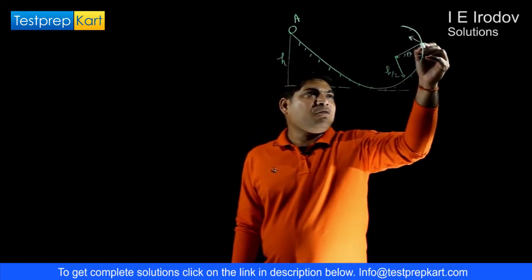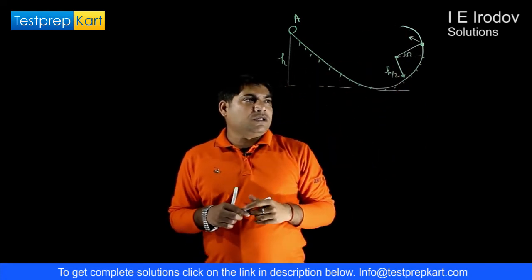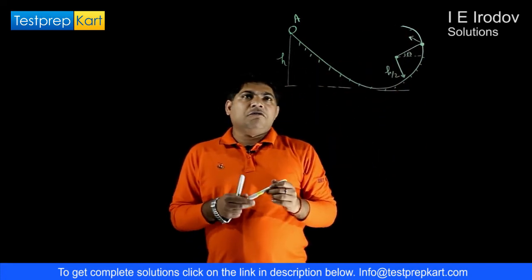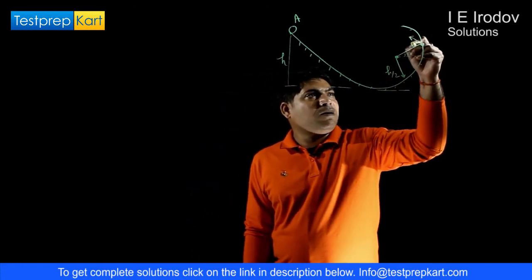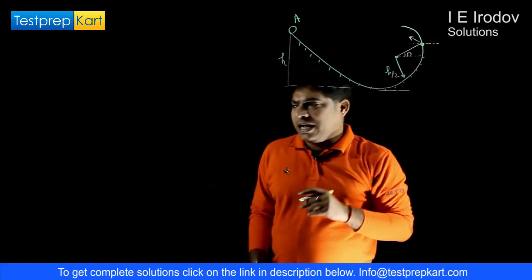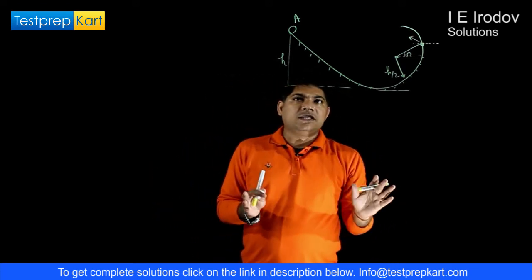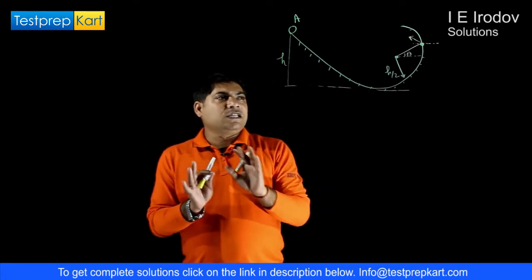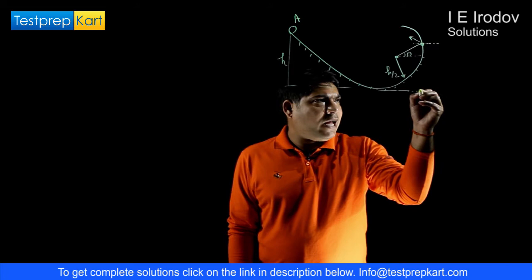Now we have to find its velocity when it becomes completely horizontal. For that, first of all, we need to apply the concept of conservation of energy. As external forces like friction are negligible, we can apply conservation of energy. So this is our reference line.